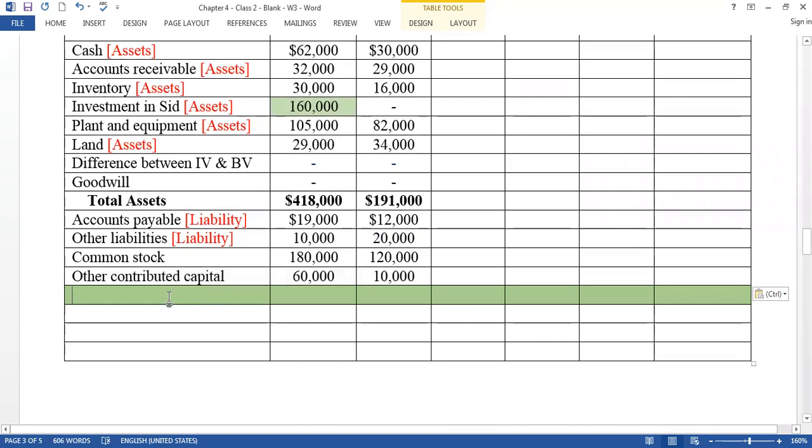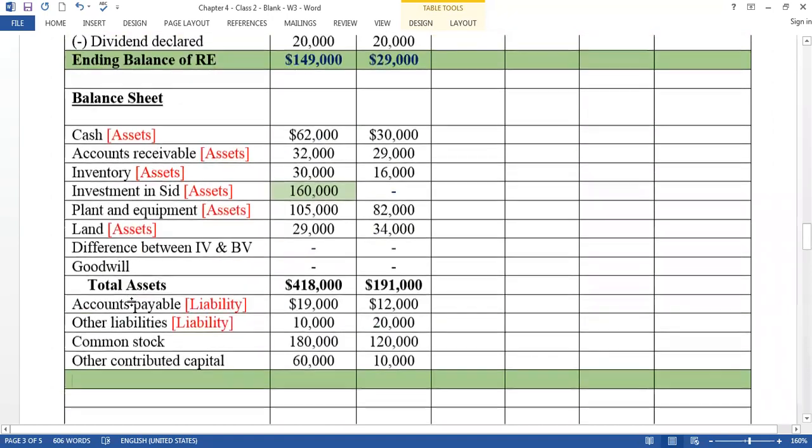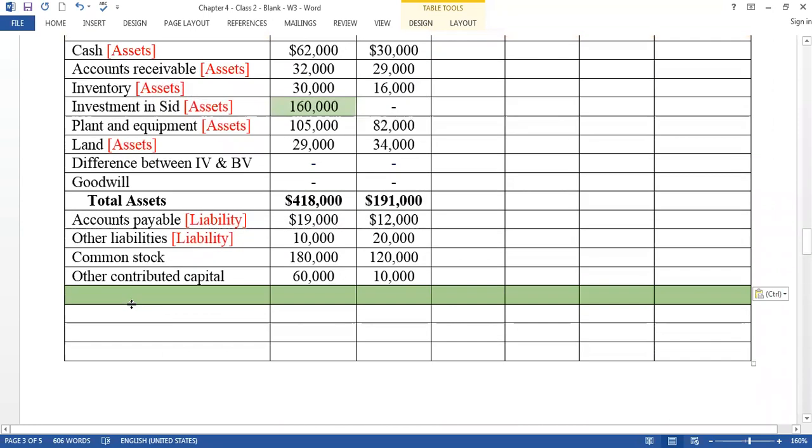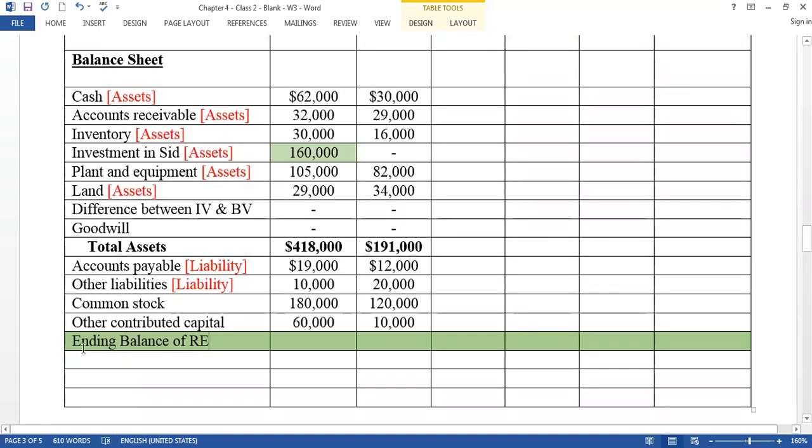And you know that we should have retained earnings here. So now when we prepare the balance sheet, we should have the ending balance of retained earnings. Do you understand? We should have the ending balance of retained earnings.